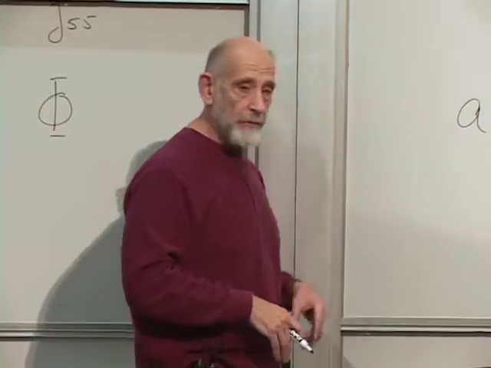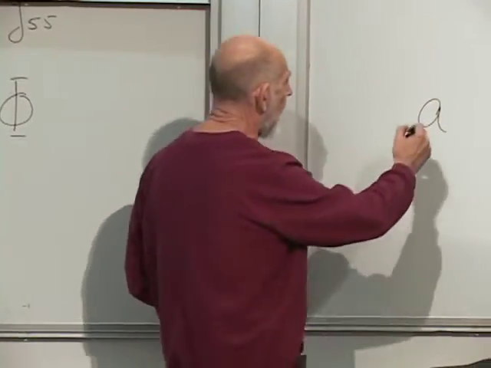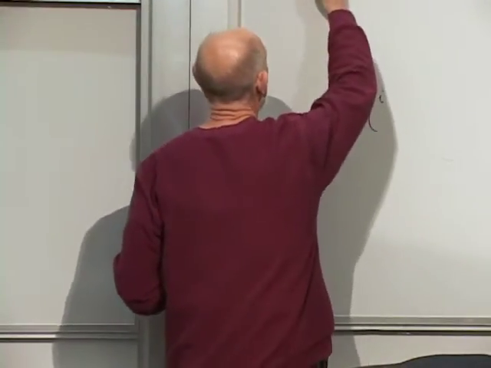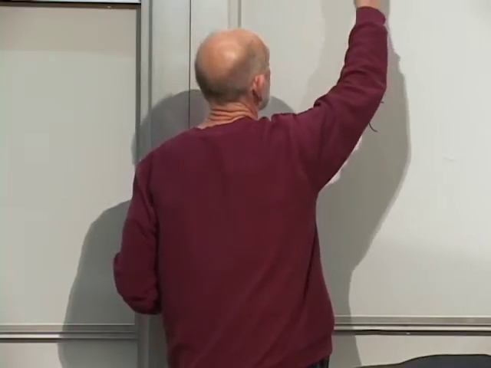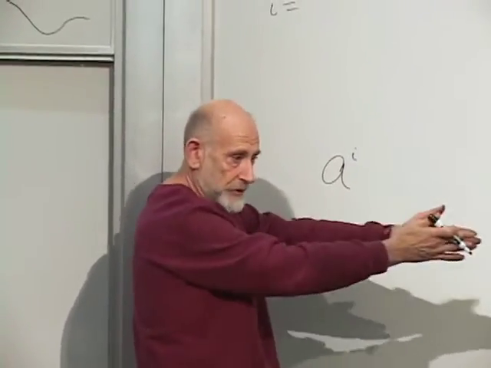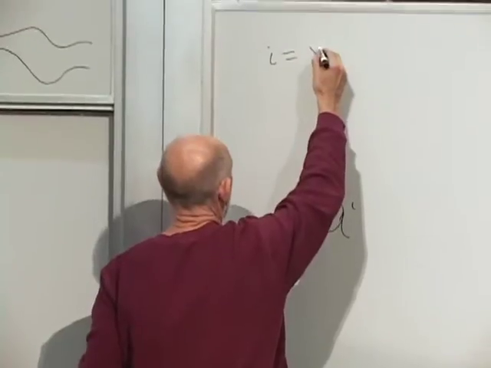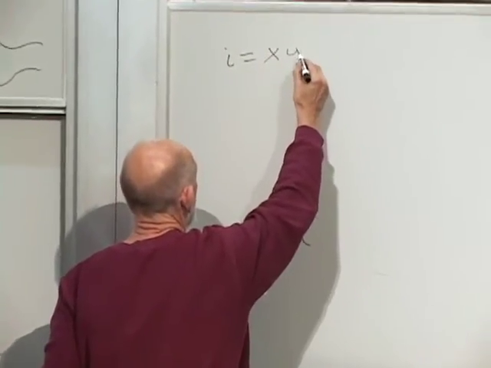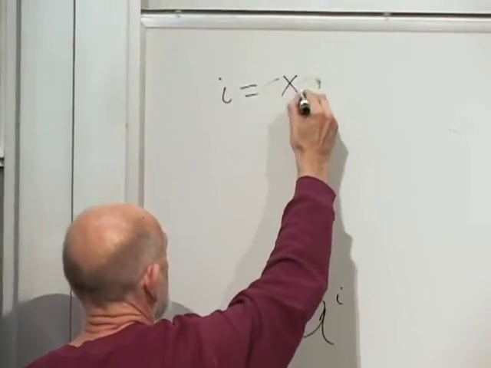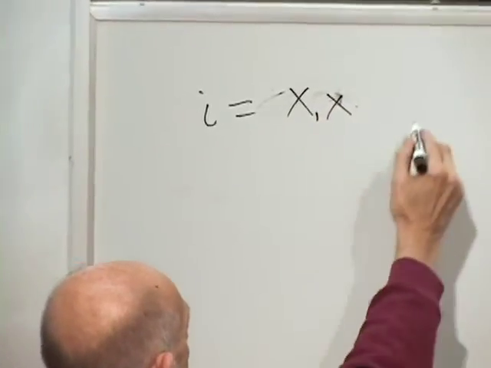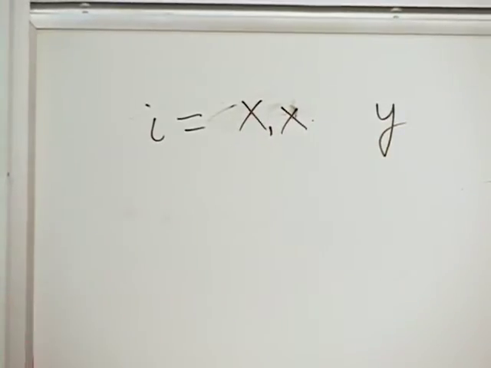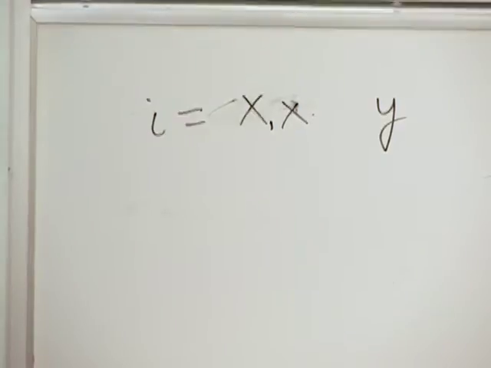So they're labeled by directions of space. Let's call it I. I can equal, if the string is going down the z-axis, it can be x1, x2, or it can be a compact direction y. So the i's vary over all the directions of space, including the ones which are wrapped up.